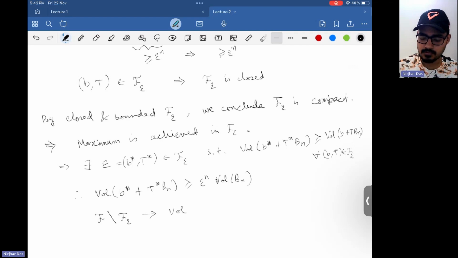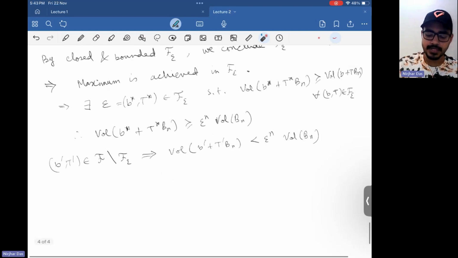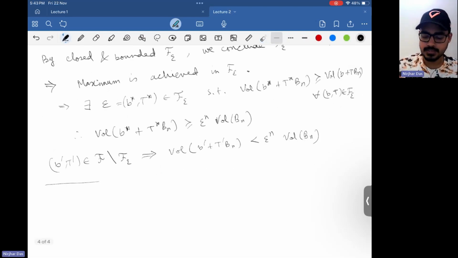We have the volume of all ellipsoids. So imagine (b dash, T dash) belonging to this. Then the volume of b dash plus T dash Bn is strictly less than epsilon power n times volume of Bn. So therefore, this (b star, T star) is indeed the maximum volume ellipsoid that is contained inside K, right? So this concludes the existence.